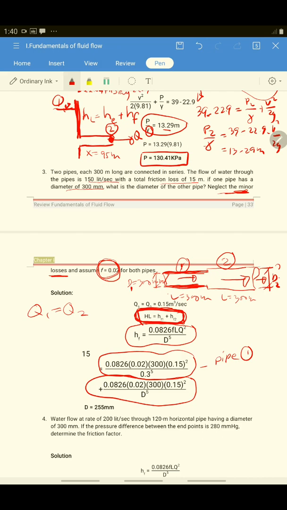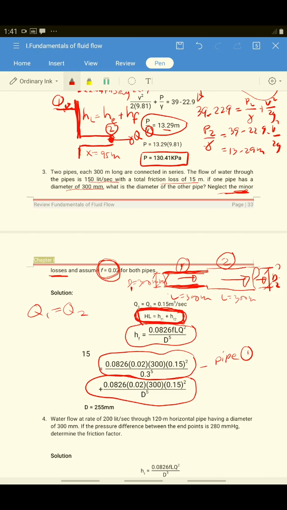If we included the minor losses, it would be hard to determine whether the pipe goes from smaller to larger, an enlargement, meaning D2 is greater than D1, or a sudden contraction, meaning D1 is greater than D2.